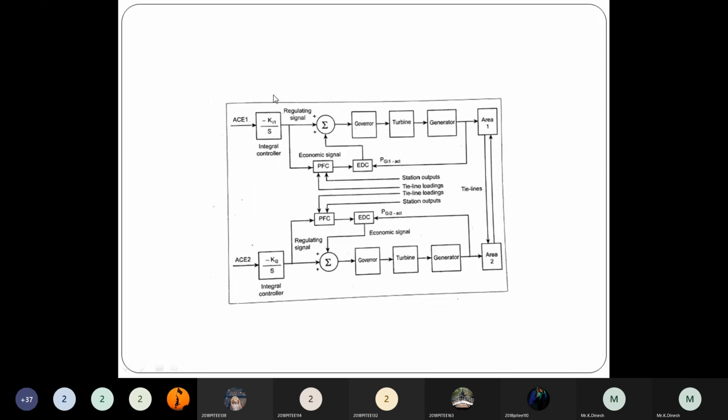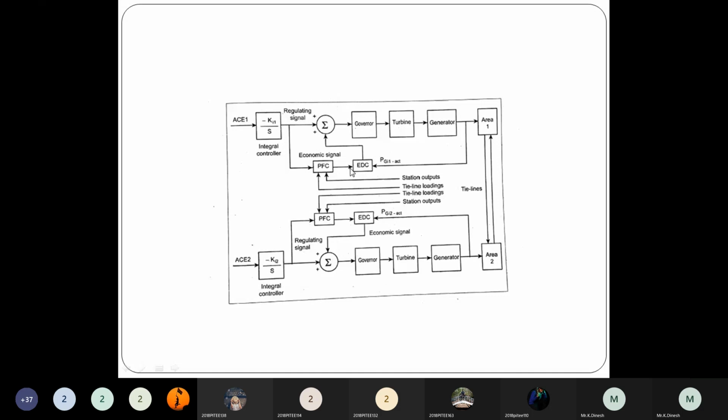Next is the economic dispatch integration in a detailed manner. So EDC 1, minus KI1 by S integral controller. I am having my regulating signal summed up. It is connected with your governor, turbine, generator. One input is your area 1, another is your feedback.